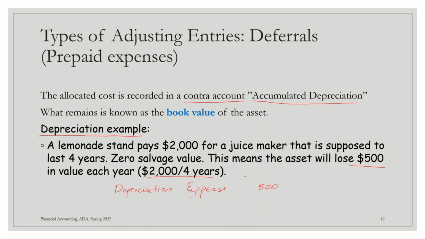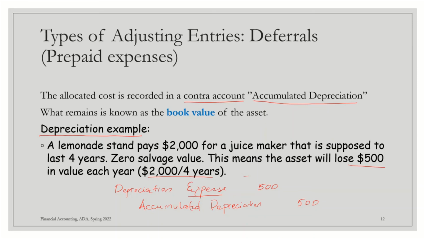Expense is a debit account, so it will increase in debit, and we will have a contra asset account called accumulated depreciation account, and that will be credited through 500.